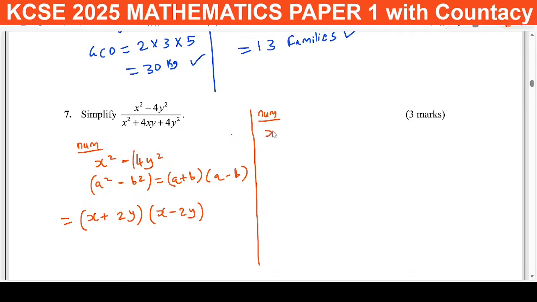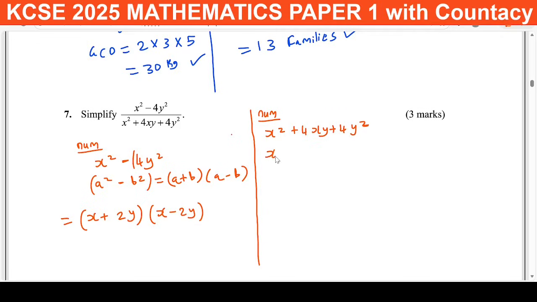For the denominator, what you're having is x squared plus 4xy plus 4y squared. So we want to find a way to factorize this expression. We are going to look for two numbers such that the product is 4 and the sum is 4. That's pretty easy to find: 2 and 2, because 2 plus 2 is 4 and 2 multiplied by 2 is 4.